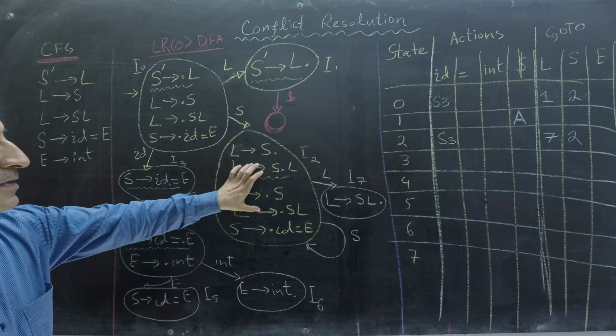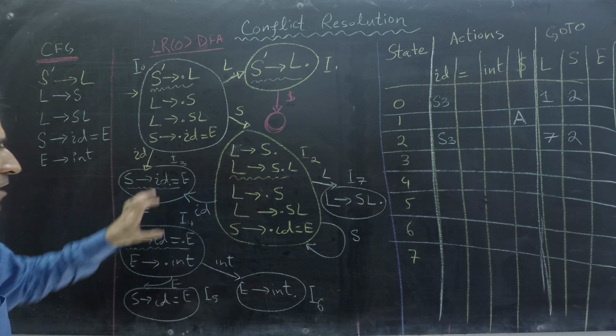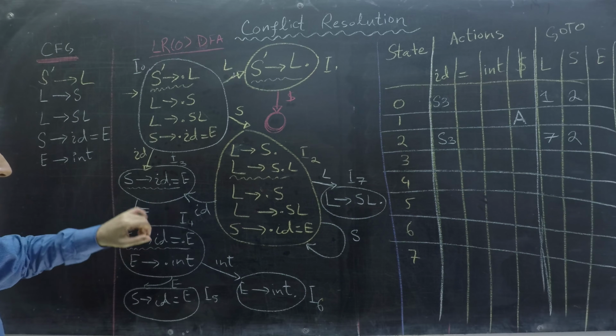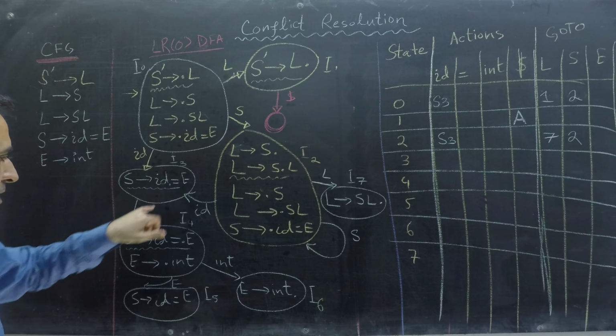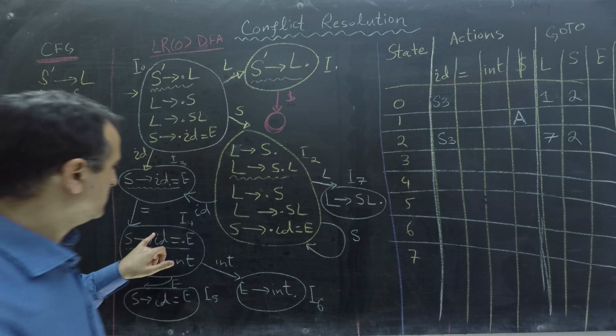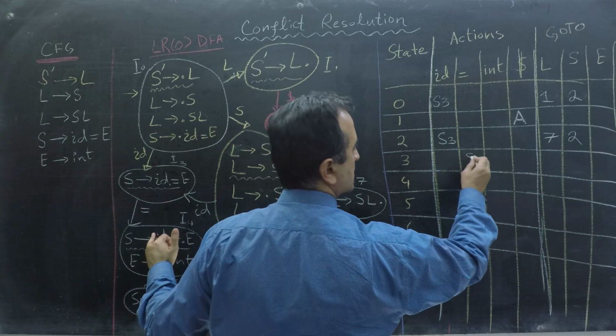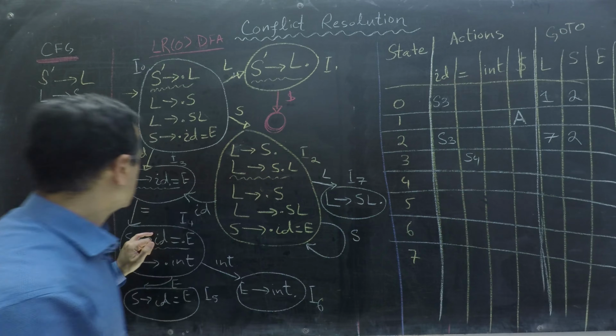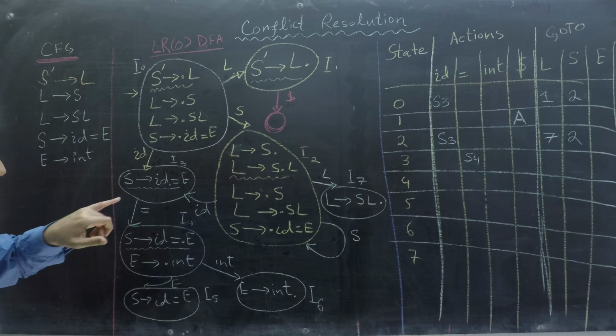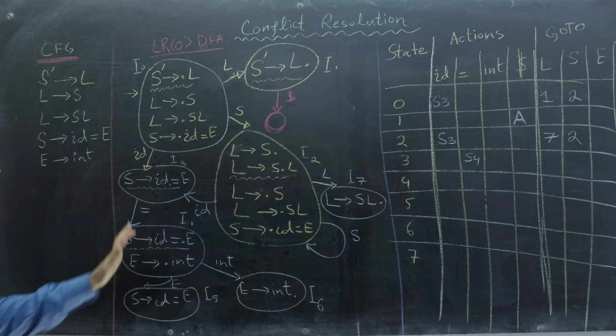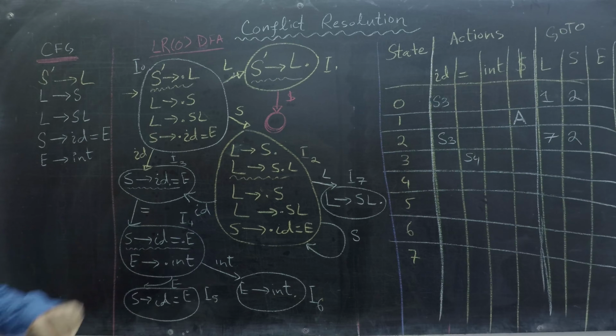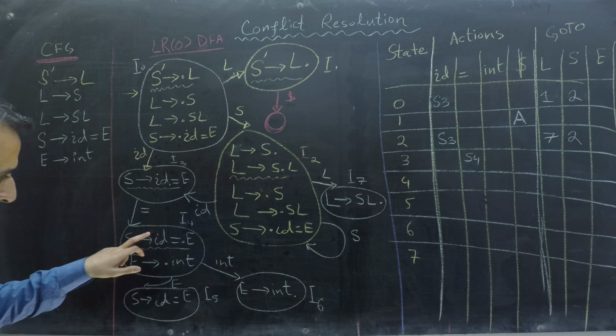I am done with this also. Now let's look at this. From state 3 on equals to, I go to state 4. And from state 3, I don't go anywhere else. So I'm done with state 3.